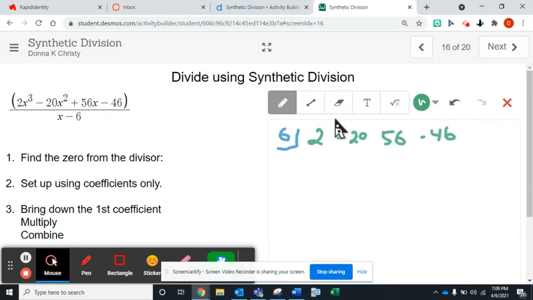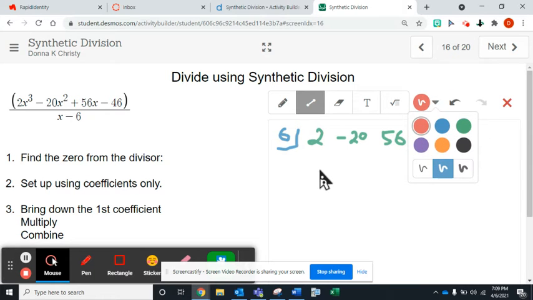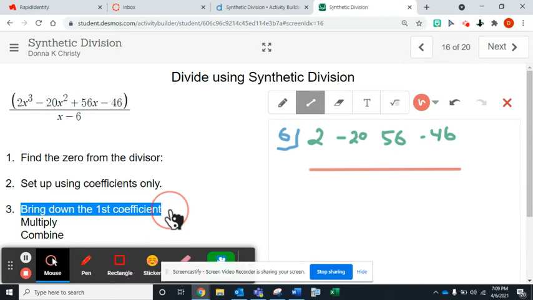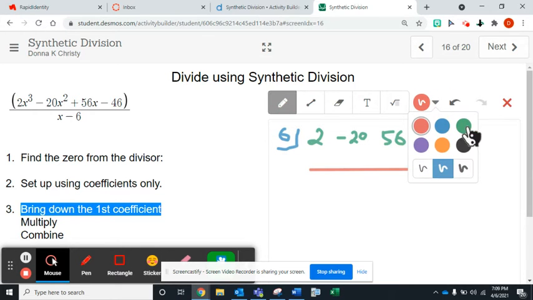Then we're going to draw a line underneath. That line needs to give you some room where we can do some computations. Then we're going to bring down the first coefficient. That first coefficient is right here, so I have to bring that down.